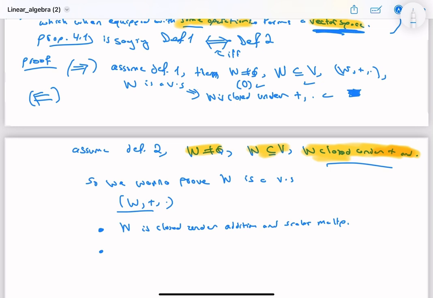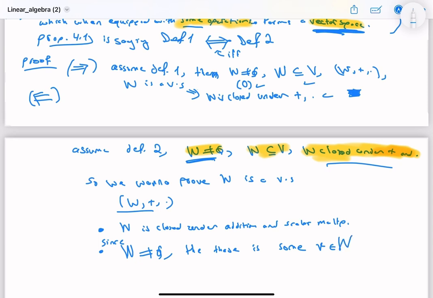So this will come from here. Let me show you why. Omega is not empty. So we have this, right? Since omega is not empty, there is some vector v in omega.